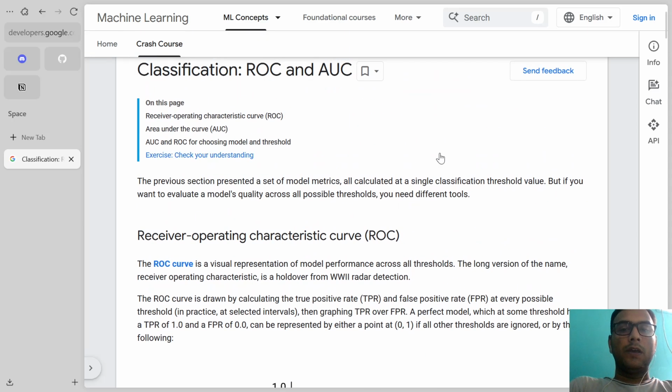In the previous exercises, we learned about the threshold, which decides when the model makes a prediction in the positive class or the negative class. So you need to choose a particular classification threshold.